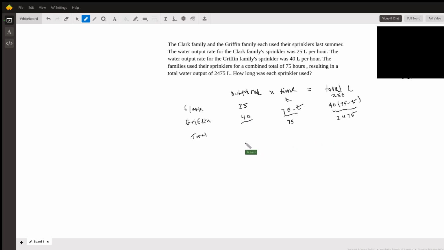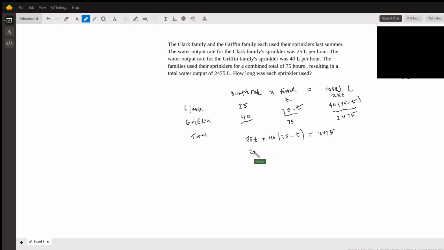Okay, so set up our equation. 25T plus 40 times 75 minus T is equal to 2475. Okay, so now we just get out our calculator and just plow through this and get our solution here.